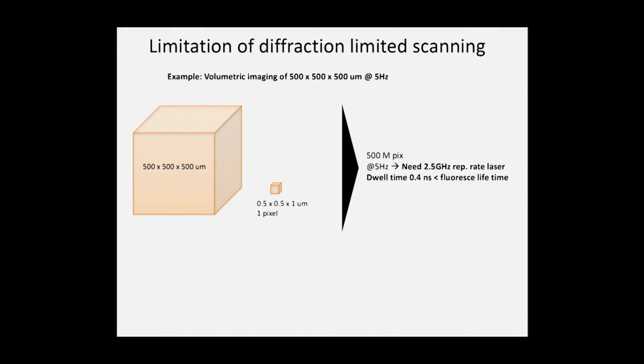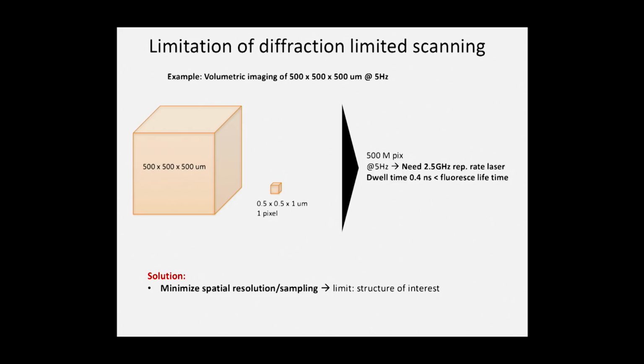So lasers are conventionally not available at this rate, but even if they would be, we are facing another problem, that is that at each individual voxel we will be spending only 0.4 nanoseconds, which is about an order of magnitude shorter than the fluorescence lifetime. It means we will not be able to collect any fluorescence out of these voxels. So one conceptual solution that we could employ here is to minimize the spatial resolution or the sampling rate to the limit of the structure of interest.